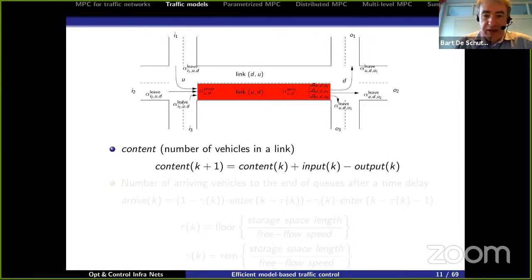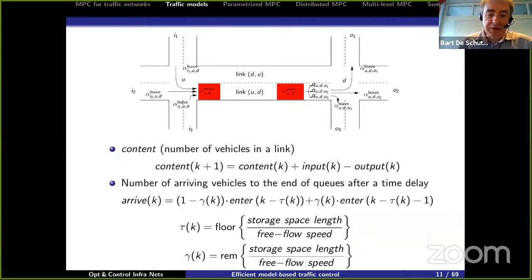Then we also have to relate the number of vehicles that enter the link with the number of vehicles that arrive at the queues. Alpha enter is the flow of vehicles entering the link, and alpha arrive is how they arrive at the tail of the queue. How is this described? We look at the distance that the vehicles need to travel.